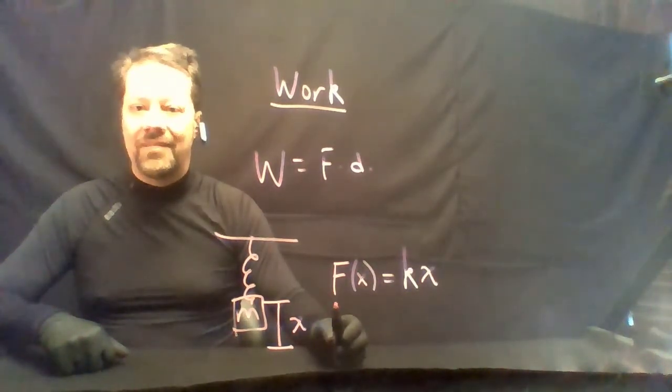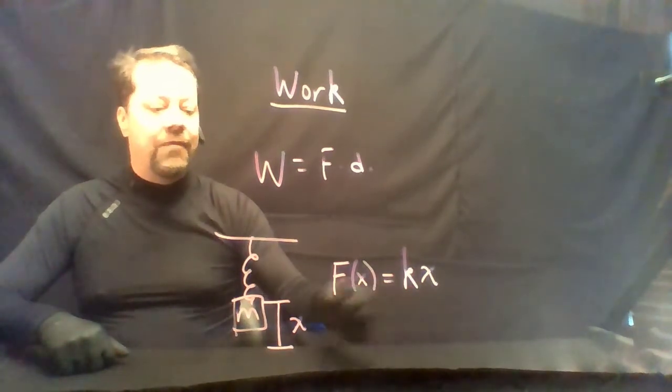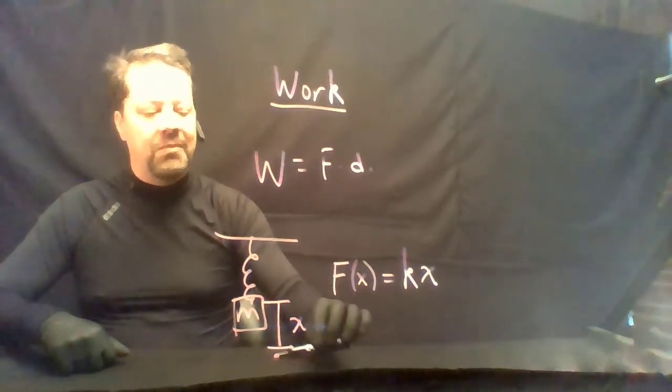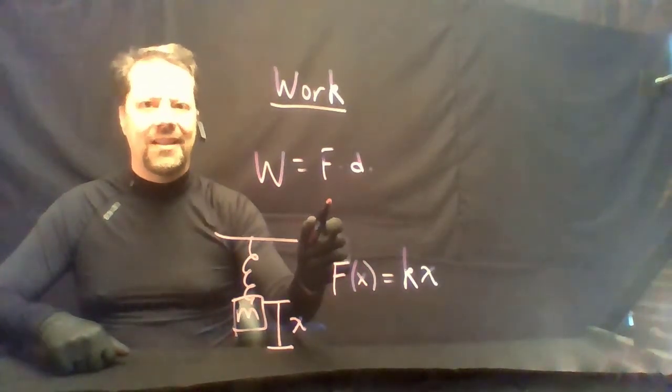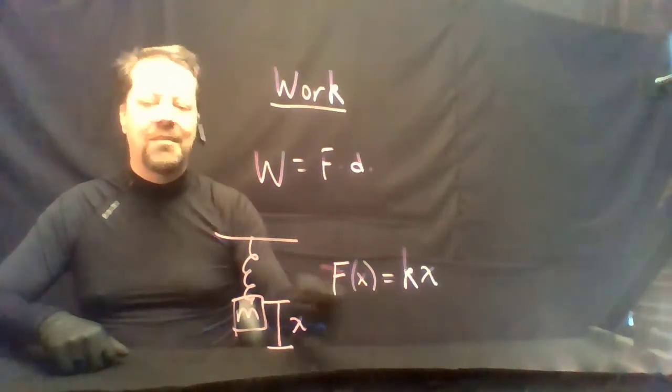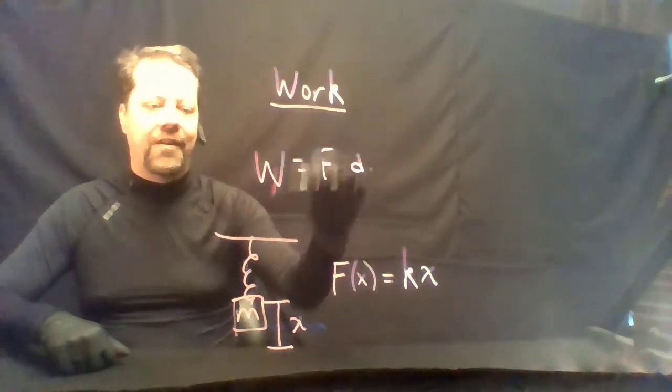That's Hooke's law. Note that the force will be variable, so the work done in pulling this will also require a deeper analysis than just this. This won't be good enough because the force will be a function of how far you've stretched the spring.